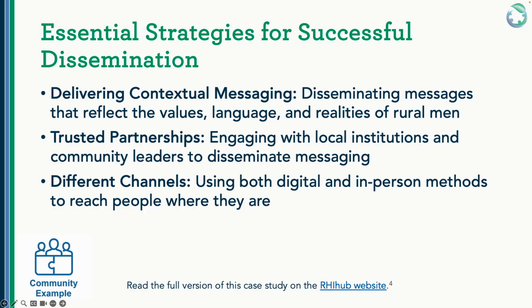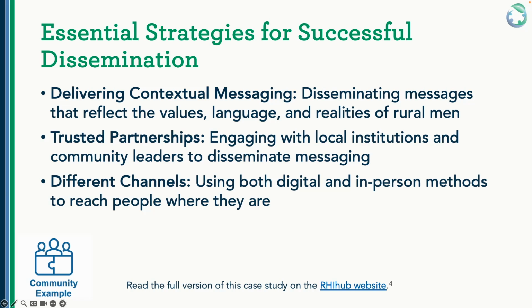Taken together, this campaign illustrates several essential strategies for successful rural public health dissemination, including delivering contextual messaging, disseminating messages that reflect the values, language, and realities of rural men, ensuring they feel understood. Additionally, we also see trusted partnerships, such as engaging with local institutions and community leaders to enhance credibility and reach.